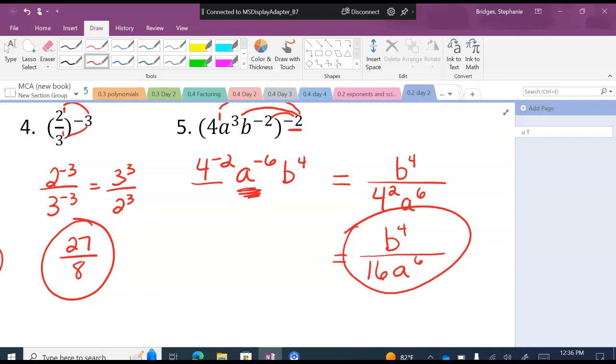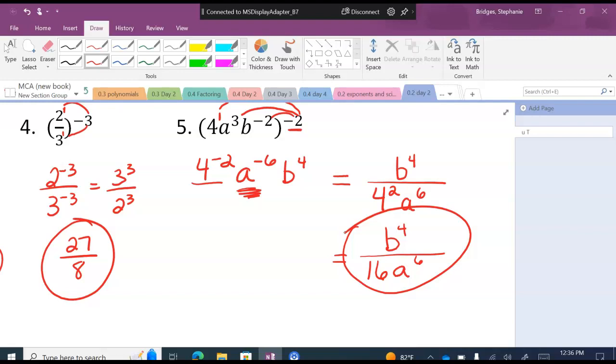Yep, because their exponents were negative. Exactly. Yes, negative times negative is positive. Is everybody okay with that one? Somewhat? Okay. Are we doing that with every positive?